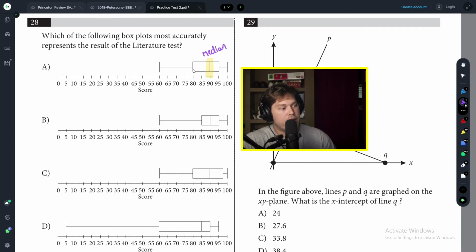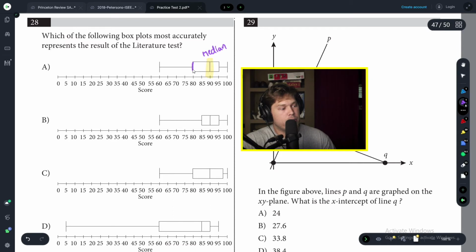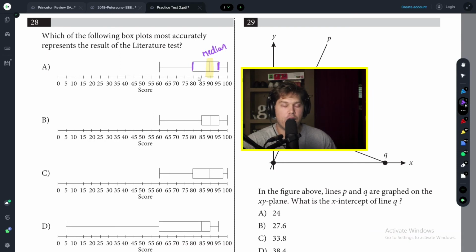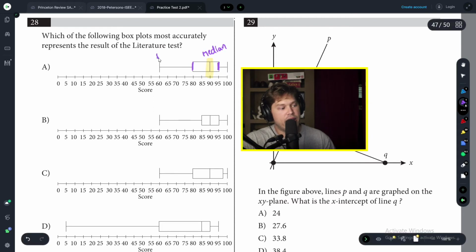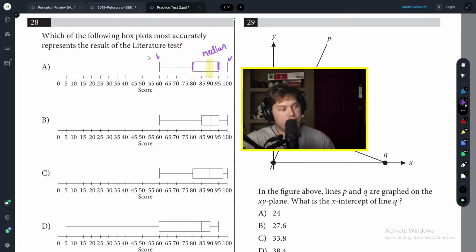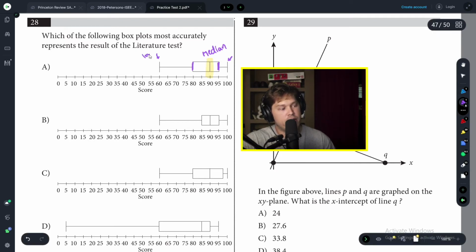The box on the outsides represents the median of your bottom half and the median of your top half, and then all the way out, your whiskers go out to what? This represents your lowest value, and this represents your highest value.